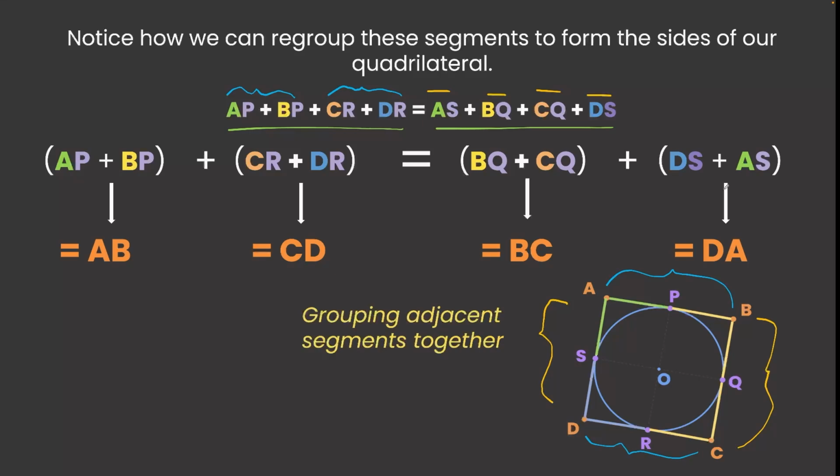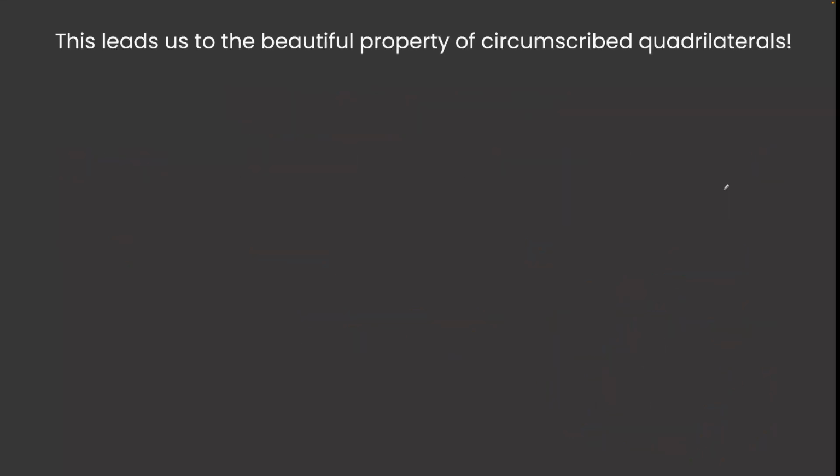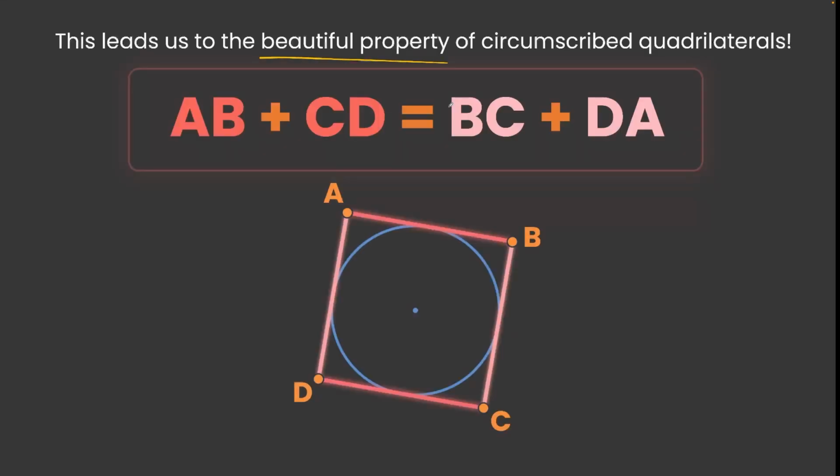So grouping adjacent segments together, this leads us to this beautiful property of circumscribed quadrilaterals, which is AB plus CD equals BC plus DA, which is saying that this side plus this side will always be equal to this side plus this side.